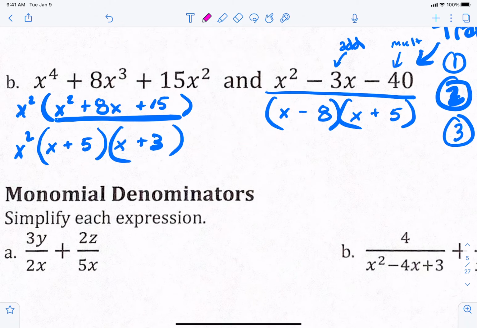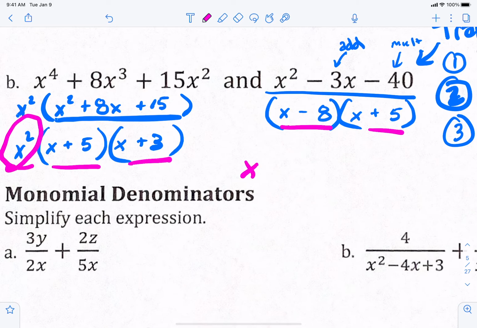Ready? To find the least common multiple, I go through each of these pieces. There's 3 over here and there's 2 over here. And I take inventory. All right? And I write down things that I need. Going through each piece: x squared, I know that my least common multiple needs to have an x squared in it. I know that it needs an x plus 5 in it.